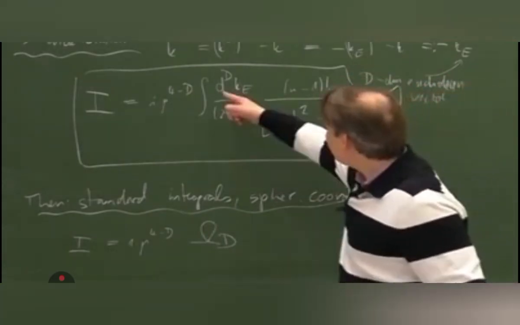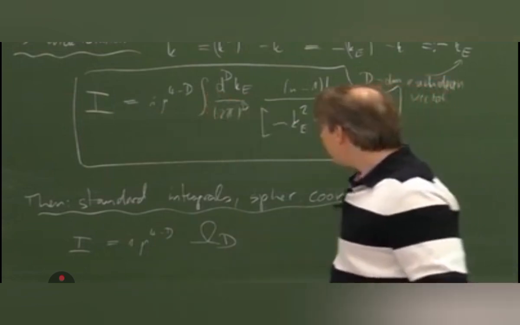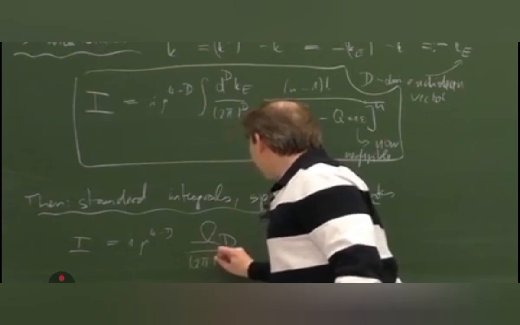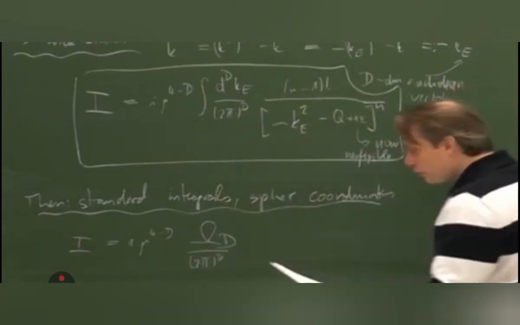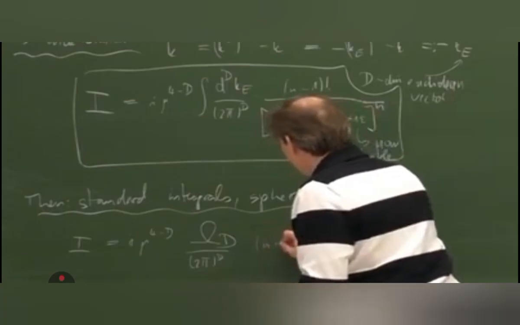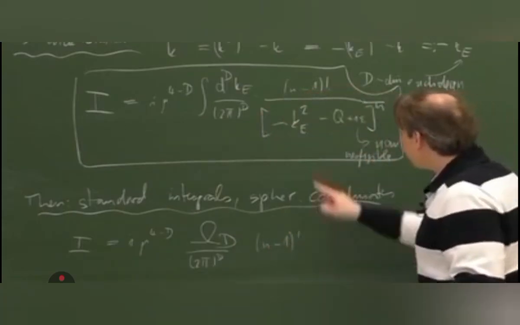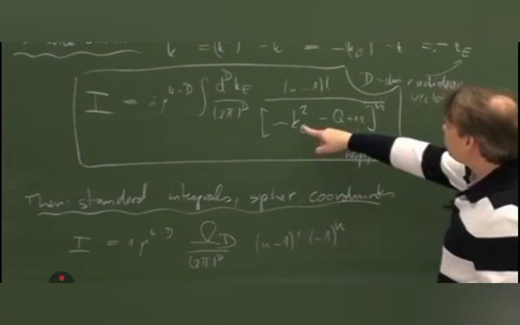We can integrate over all the angles immediately, since the integrand doesn't depend on the angles, omega d, divided by 2 pi to the power d from here. And then we only have the radial integral, and it's 3 factors, n factorial, n minus 1 factorial, and then we can also factor out minus 1 to the power n.